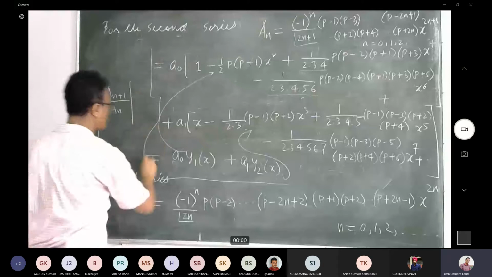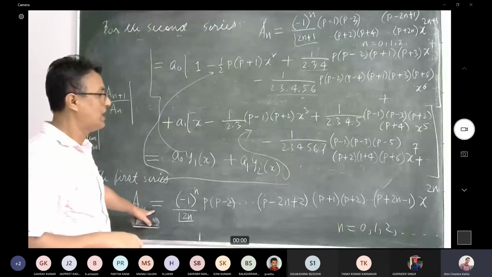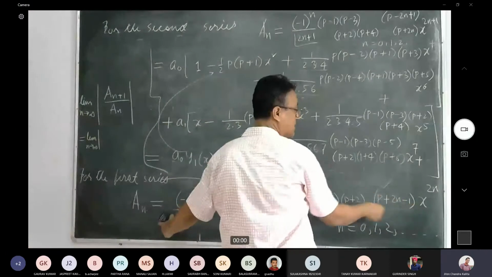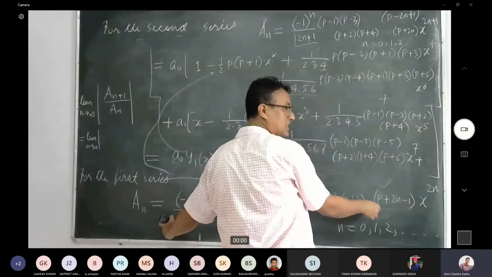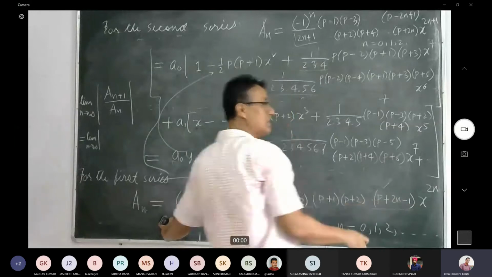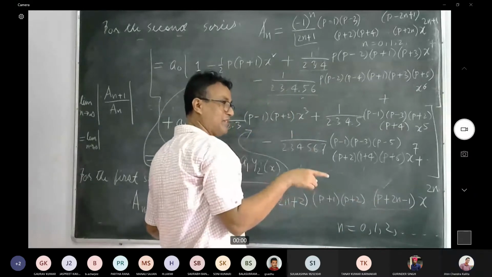I'm running out of space here. Now for a n plus 1, you are going to have one extra term, that extra term p plus 2n plus 1, isn't it?